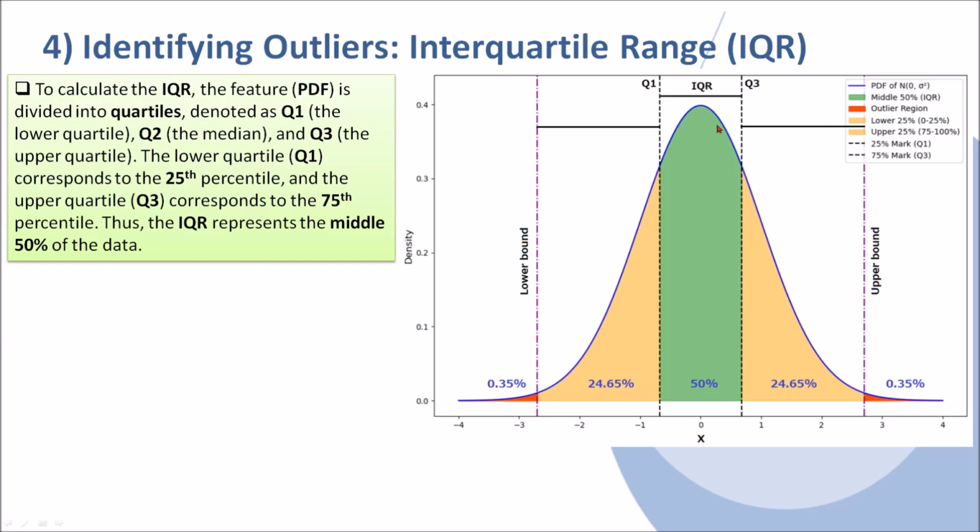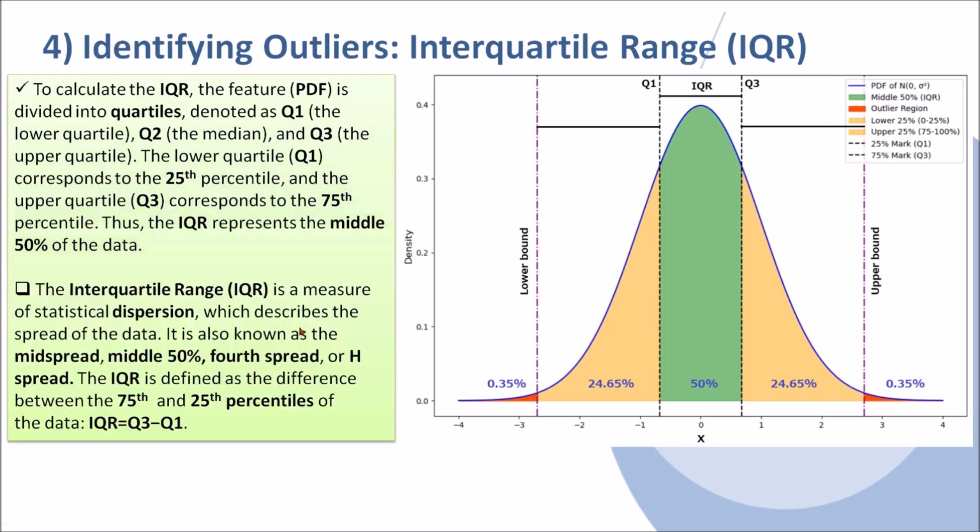Therefore, the interquartile range, namely IQR, represents the middle 50% of the data. I repeat again, this is the first quartile, this is the third quartile, Q3, and this is the second quartile or median, middle 50%. The interquartile range is a measure of statistical dispersion, which describes the spread of data.